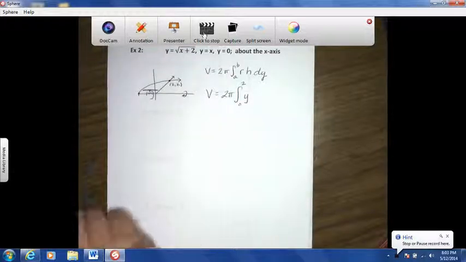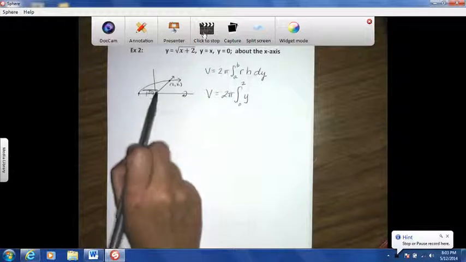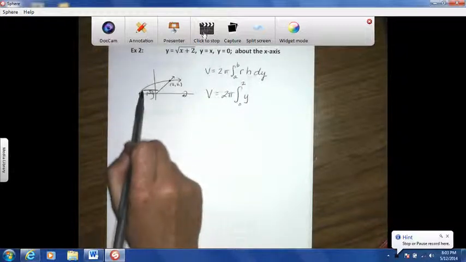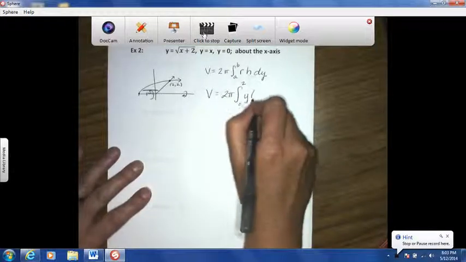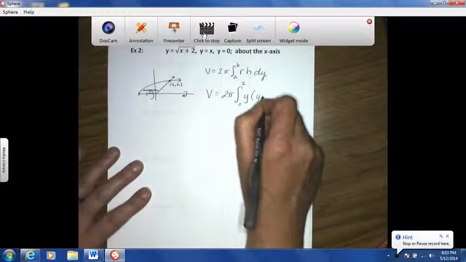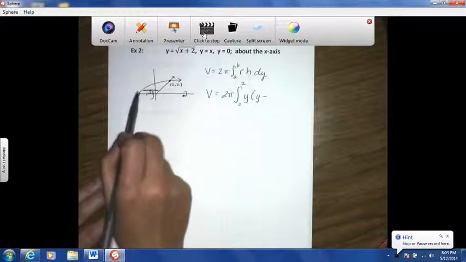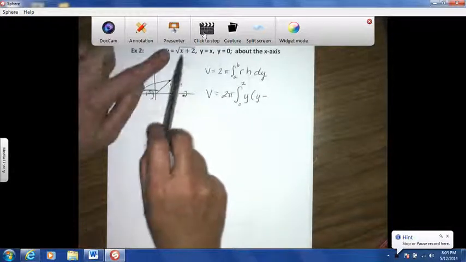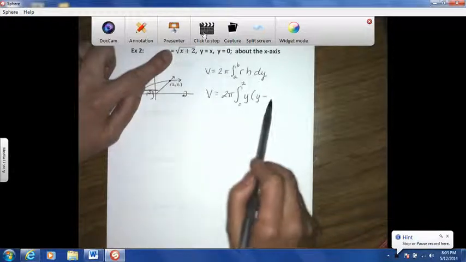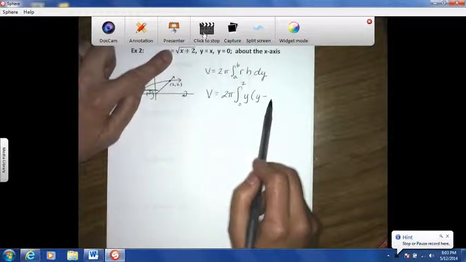Now once again, just like we had back in our area formula, to find the height of the rectangle, we're going to take the right side minus the left side. The right side is the line, which is going to be y, minus the left side. Now the left side is the half parabola. However, we cannot put the square root of x plus 2 into our integral because we need to have it all in terms of y's.